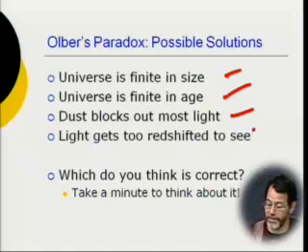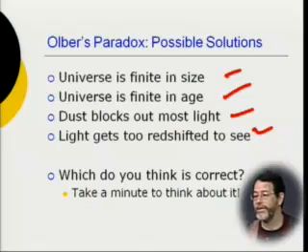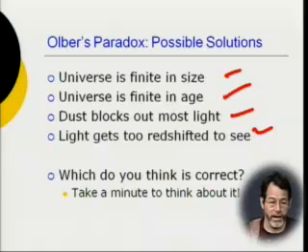So one possibility is that the universe is just lots of dust out there that we didn't know about. Another possibility is that the light gets too redshifted to see. Now that we know that as we go out into the universe in a relativistic cosmology, light gets redshifted, it moves toward the red end. If you had a flashlight with a blue cellophane over it, and you dispatched somebody way out in the universe, and they stopped far away, then their blue flashlight, if they go far enough, would appear to you to be red.